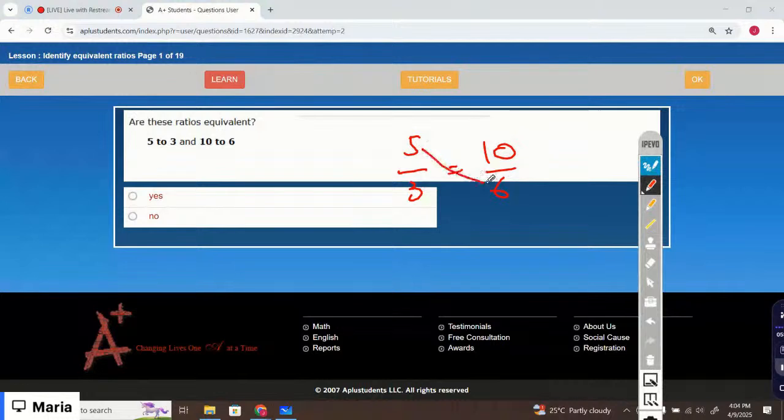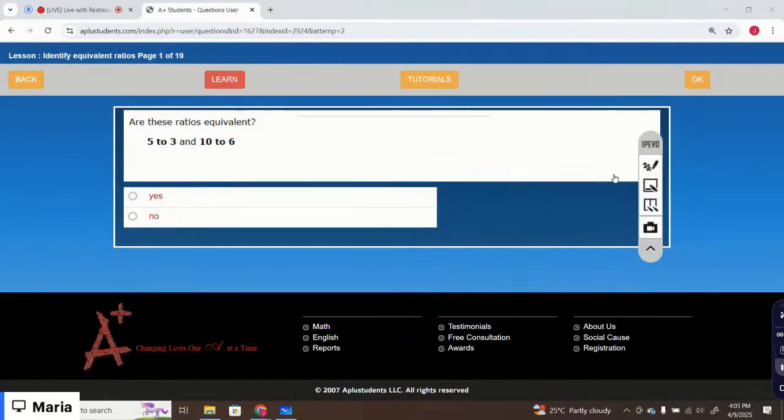Now just cross multiply. 5 times 6 equals 10 times 3. So 5 times 6 is 30 and 10 times 3 is 30. So both sides are exactly equal. That means yes, the ratios are equivalent. Option number 1 is the correct option.